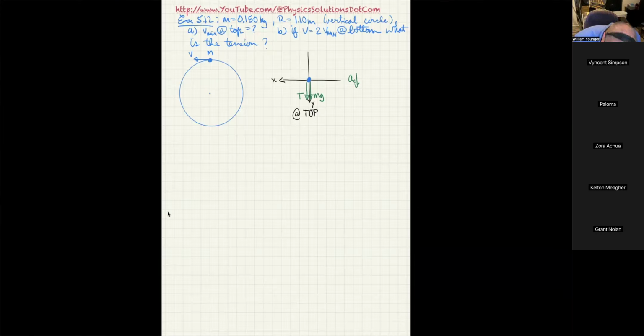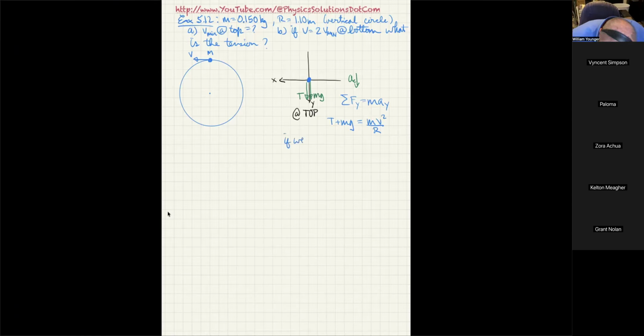So now we can go ahead and write out the summation of the forces in the y direction equals mass times acceleration in the y direction. And for this case, we see that the forces are T plus mg is equal to mv squared over r. Okay. Now, if you want to find the minimum speed, what you need is that acceleration be completely supplied by the mg, and therefore we're going to consider allowing the T to go to zero.